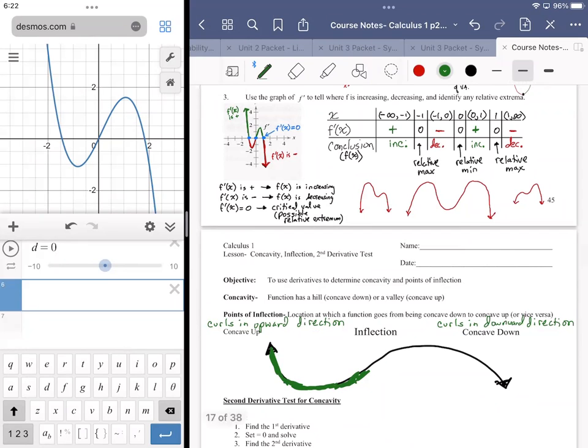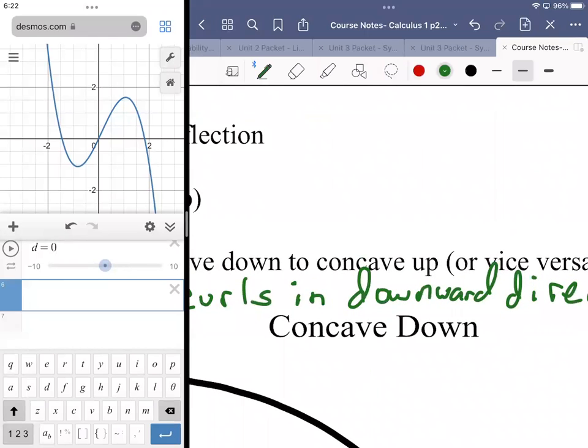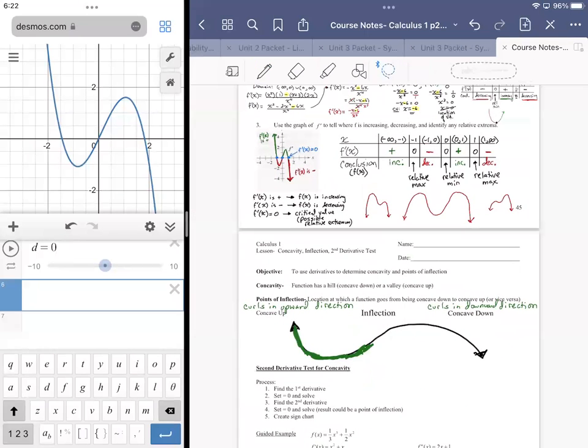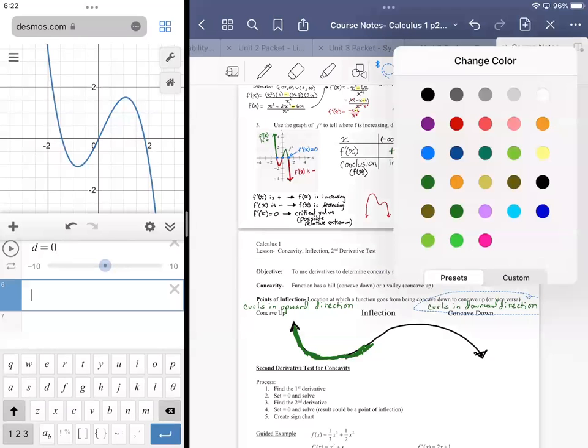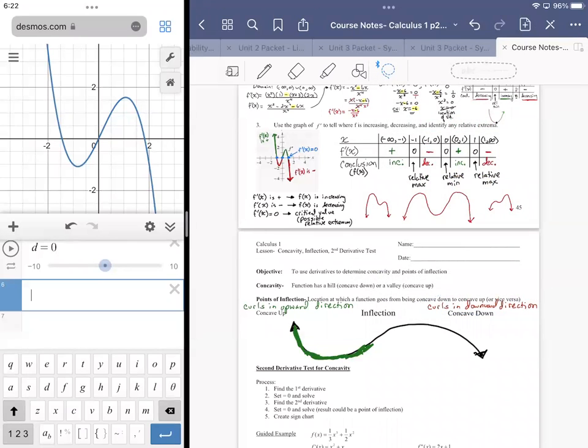All right. Sorry. Oh, it actually is a W. Just from where I'm sitting, it looked like a U. Color, red, curls in a downward direction. And then I'm going to shade in that part of it.